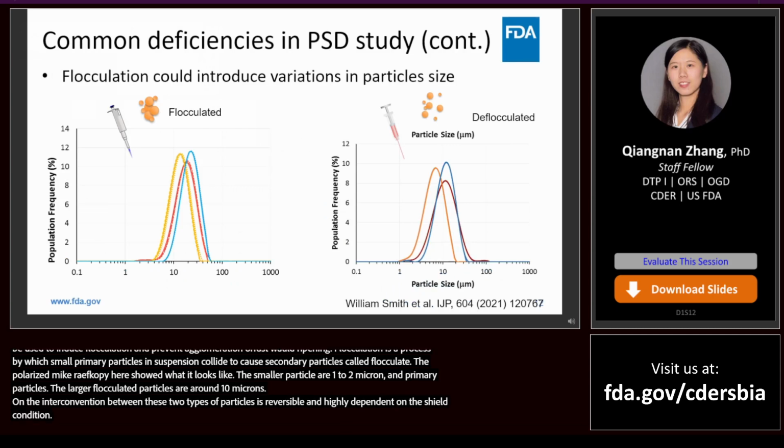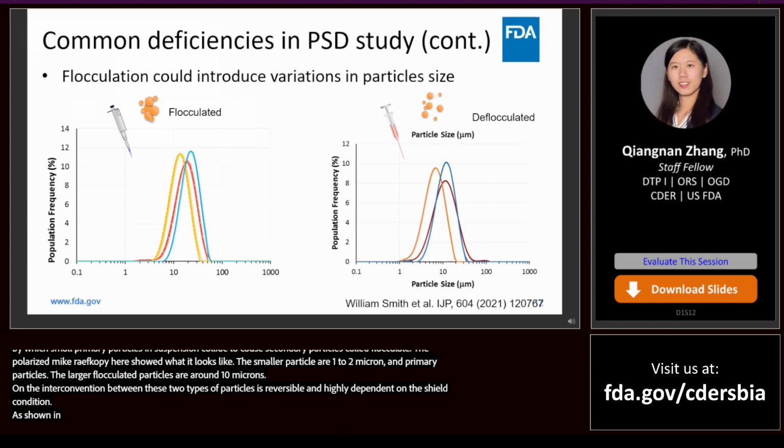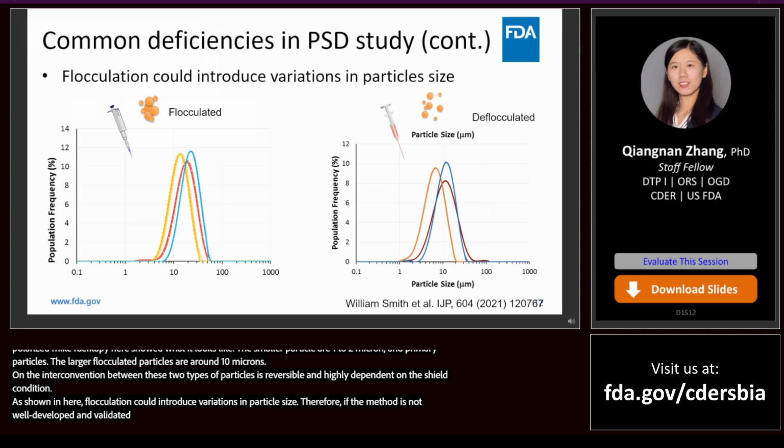As shown in the figure over here, flocculation could introduce variations in particle size. Therefore, if the method is not well developed and validated, the variations in particle size measurement due to flocculation could impact the PBE conclusion.